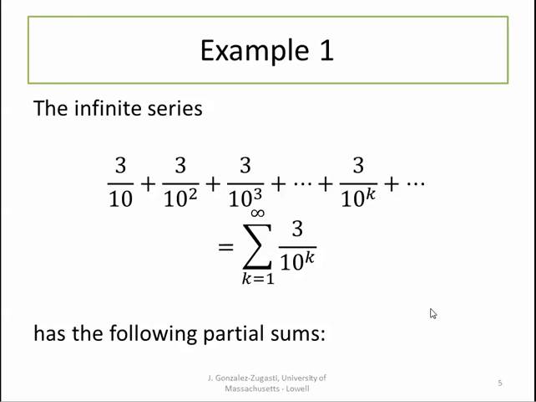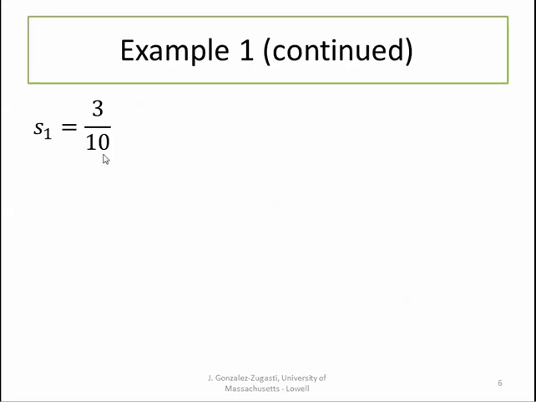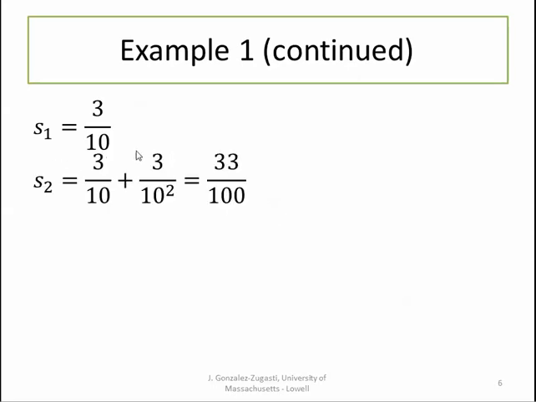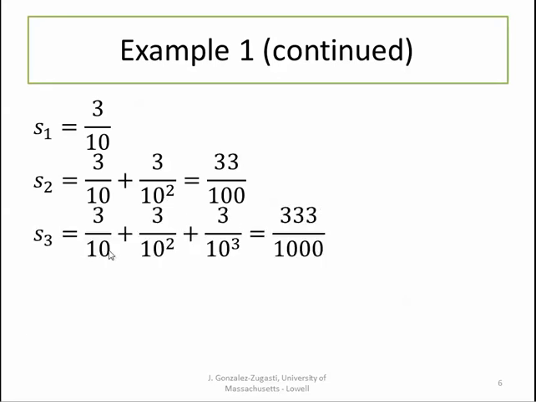For this infinite series, 3 over 10 plus 3 over 10 squared plus 3 over 10 cubed and so on, this infinite series has the following partial sums. S sub 1 will be our first term. S sub 2 is the sum of our first two terms. S sub 3 is the sum of our first three terms, and so on.